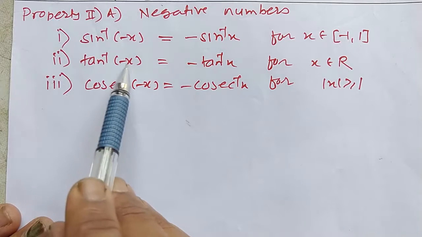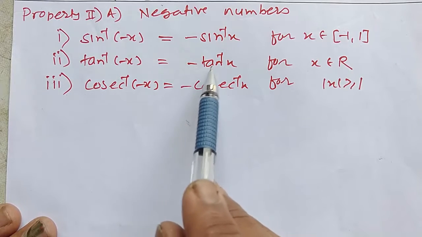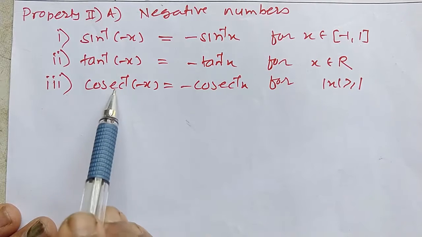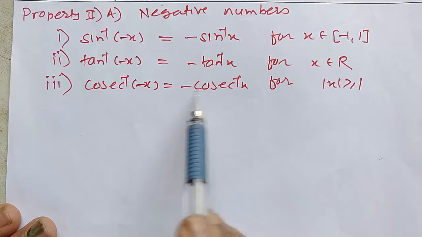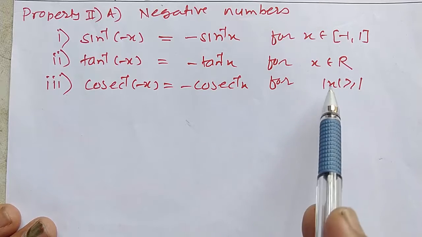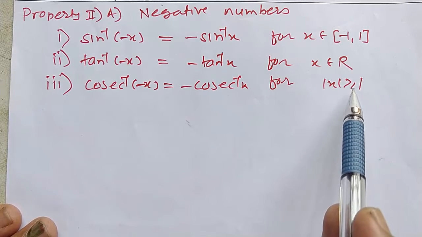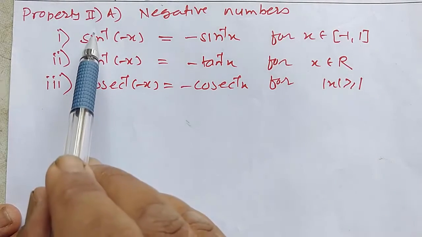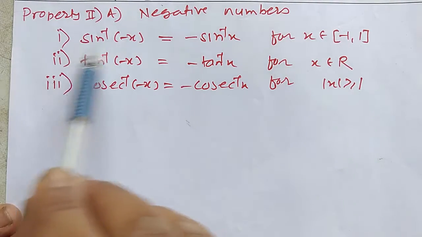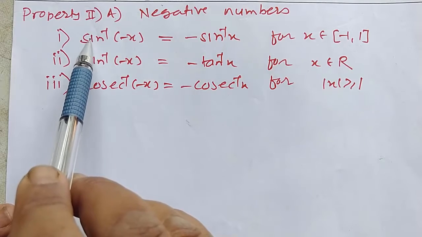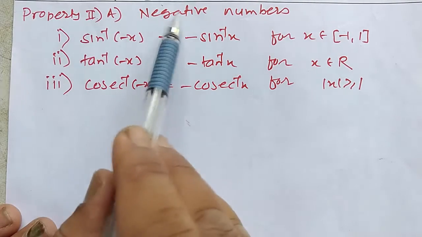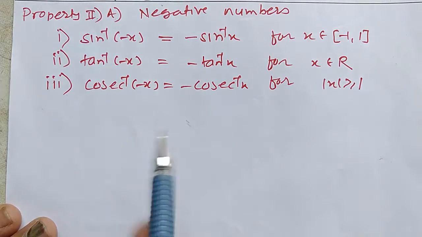Number 2, tan inverse of minus x is equal to minus tan inverse x for x belongs to R. Number 3, cosec inverse of minus x is equal to minus cosec inverse x for modulus of x greater than or equal to 1. Now, there are 6 trigonometric ratios and 6 inverse trigonometry functions. We have taken 3 only. The remaining 3 come in part B of property 2, for negative numbers.